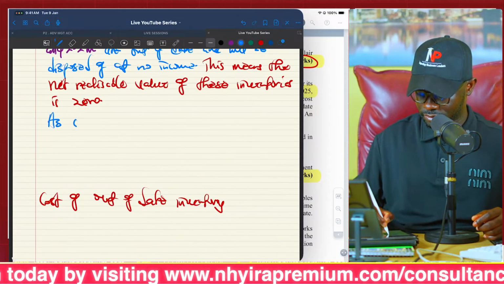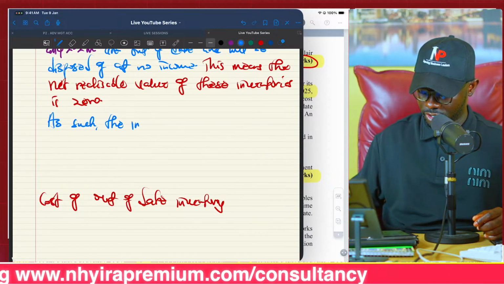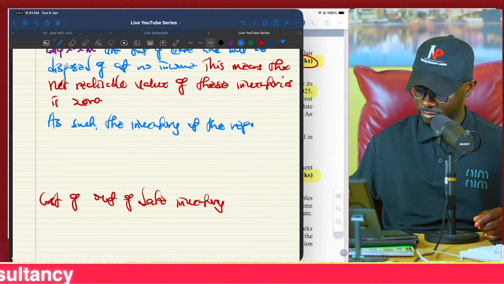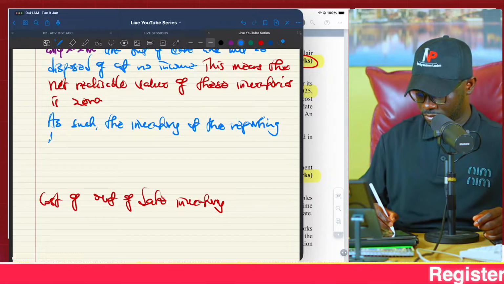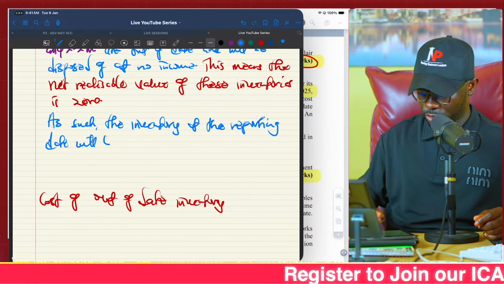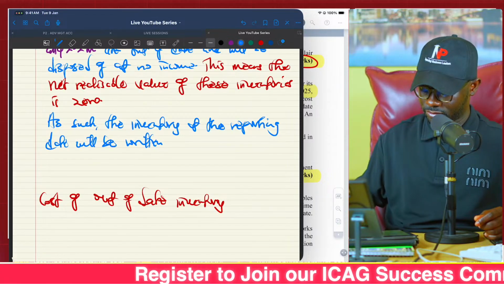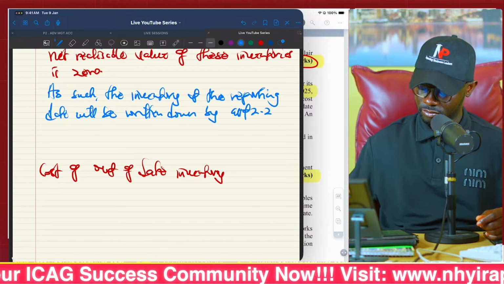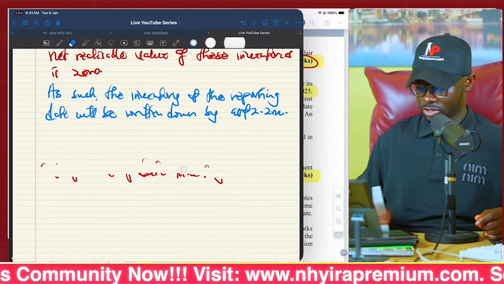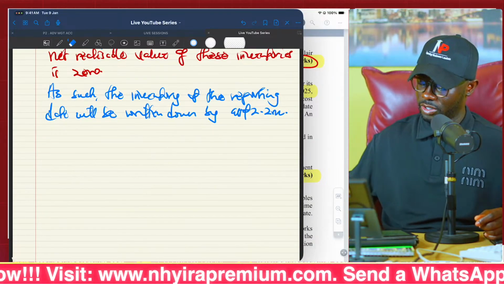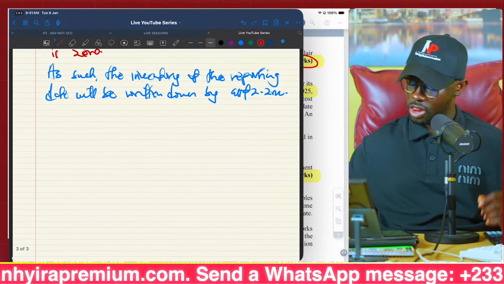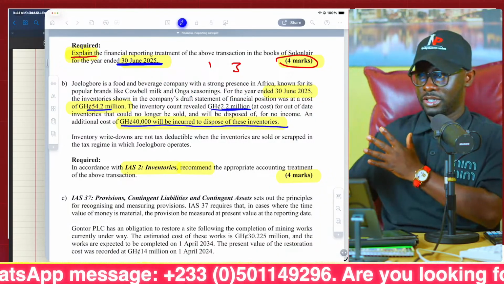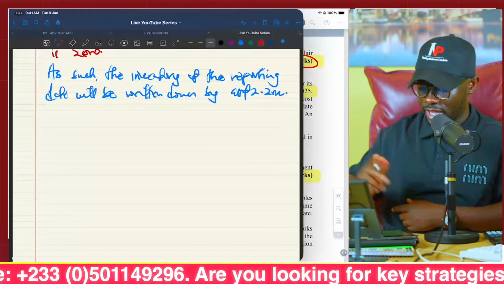As such, the inventory at the reporting date will be written down by 2.2 million. Sounds good? 2.2 million. The 40,000 costs that will be incurred to dispose of them will be recognized when they eventually incur the cost.